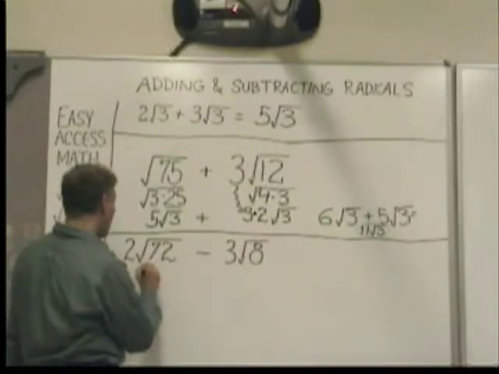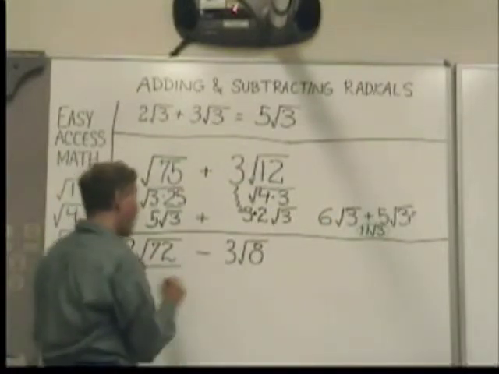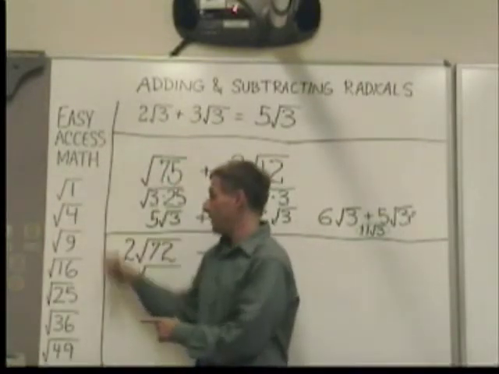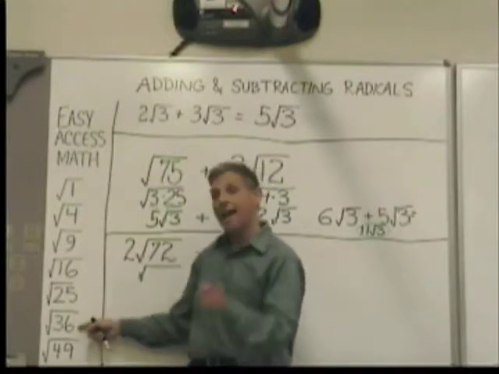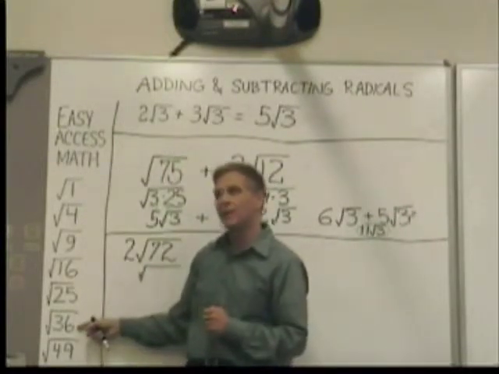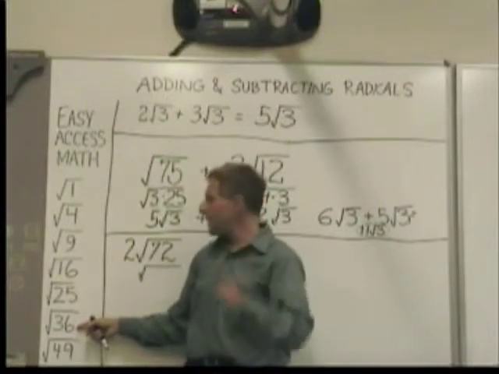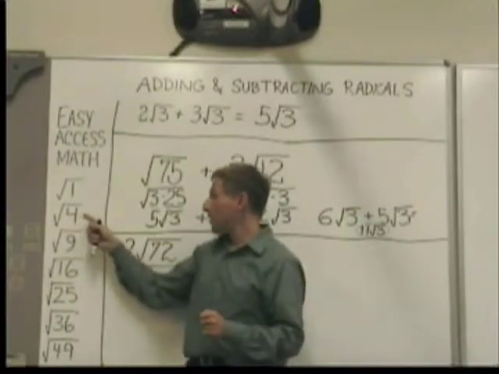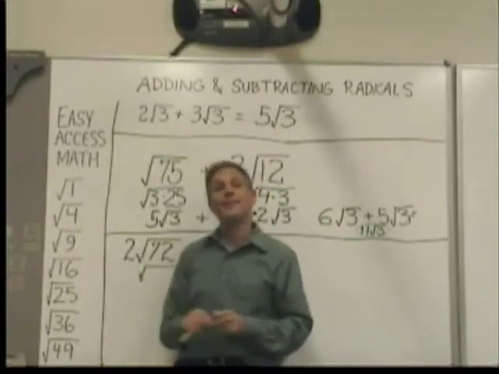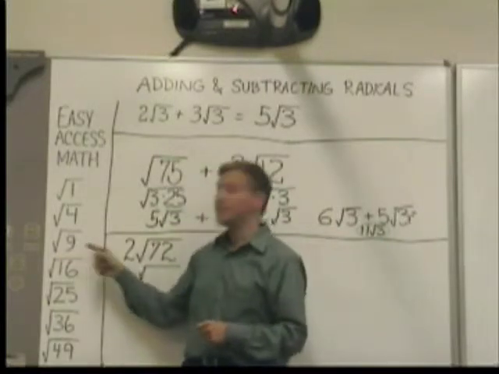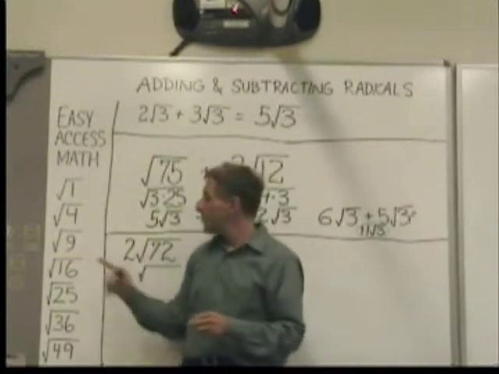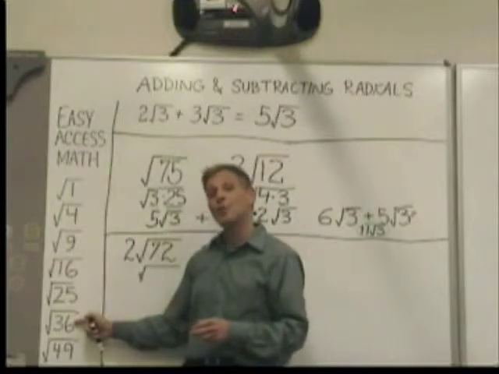My 72 can be broken down with the highest number here, and that's 36. You have to be careful with a number like 72, because 72 has a 4 in it. 4 times 18 has a 9 in it. 9 times 8. But 36 times 2 is 72.